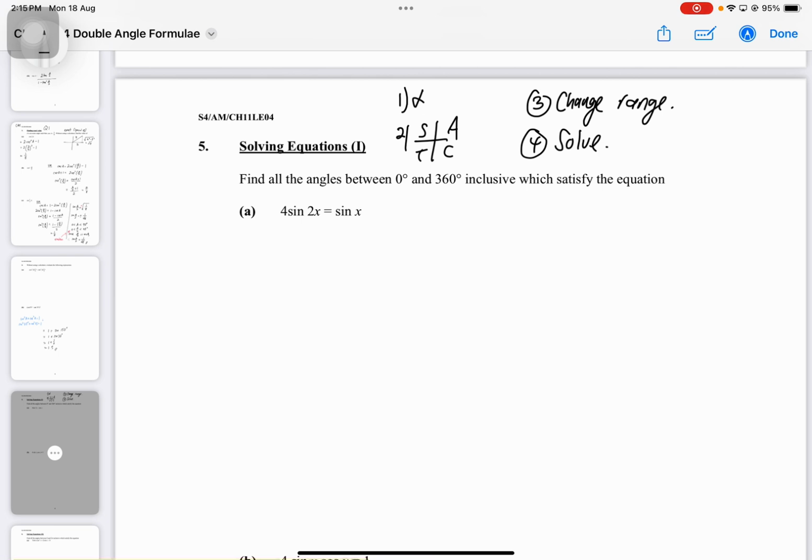So this will be 4 times sine 2x is 2 sine x cos x equals to this. Okay, times the 4 in.